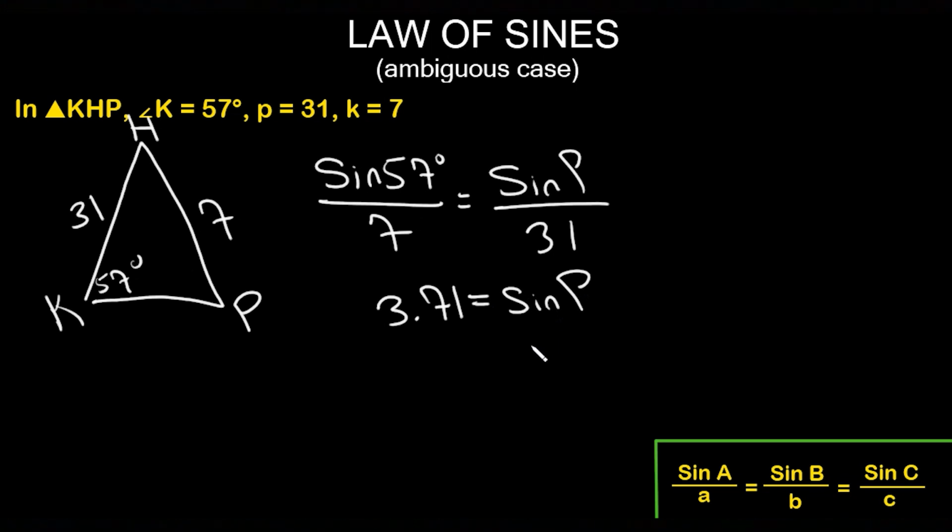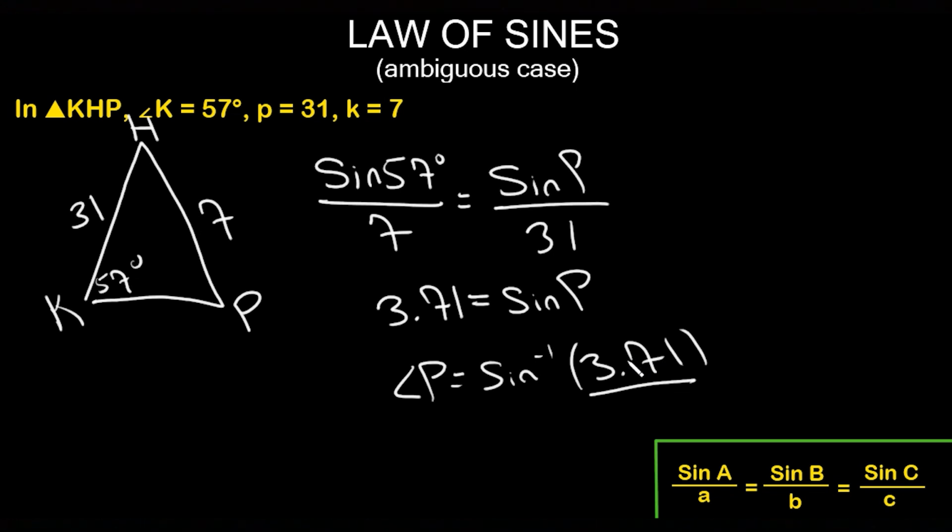We now know that we have to take inverse sine to get angle P. So angle P is going to be equal to inverse sine of 3.71. Now, if you know anything about inverse sine, you know that this is not going to be part of the domain. Our domain on inverse sine, meaning our input, our x values, has to be in between 1 and -1, okay?